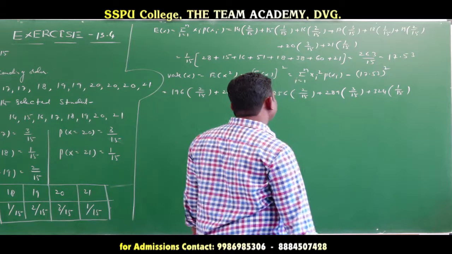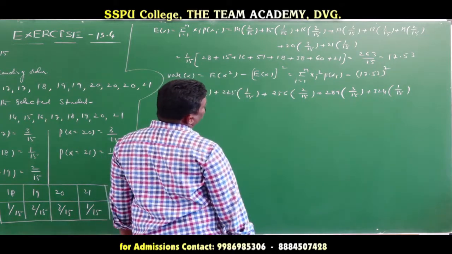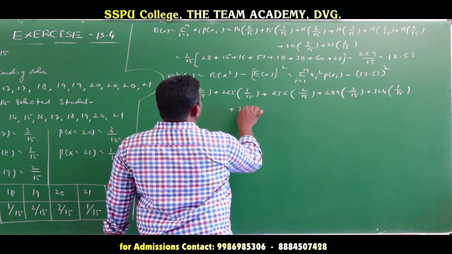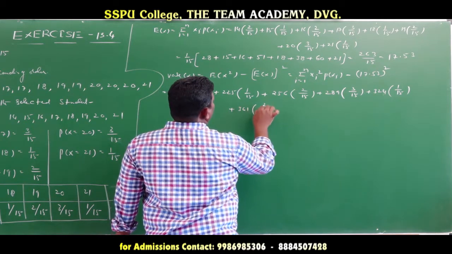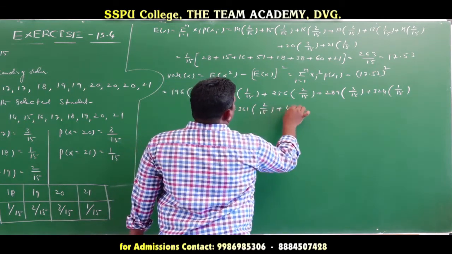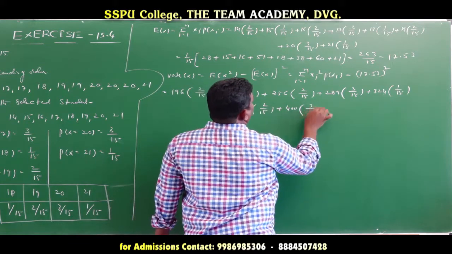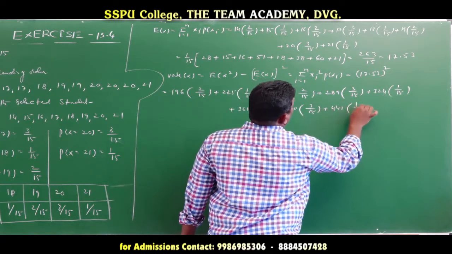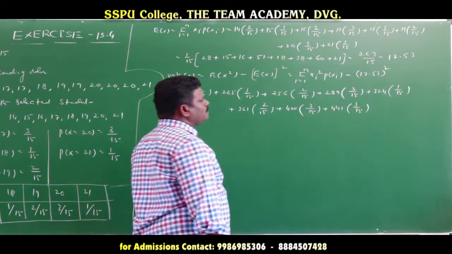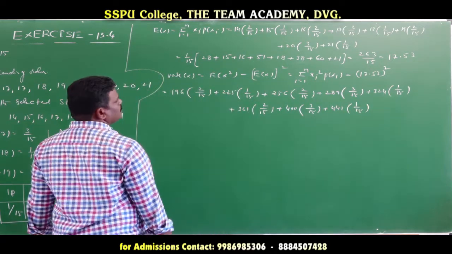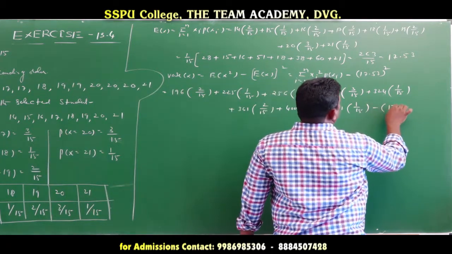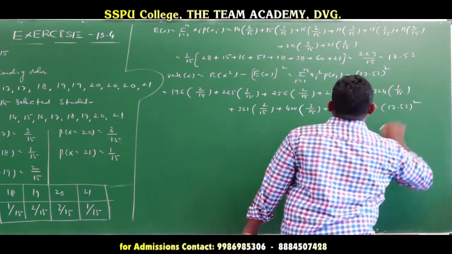Next 19 square, 361 into 2 by 15 plus 400 into 3 by 15 plus 441 into 1 by 15. Okay? Now here, minus this value, 17.53 whole square.